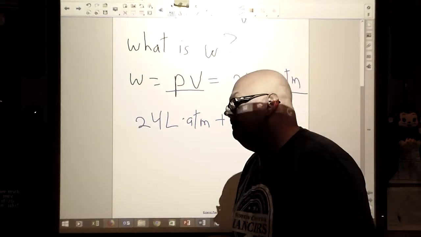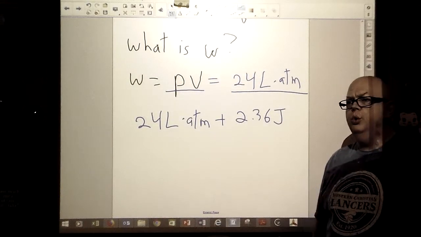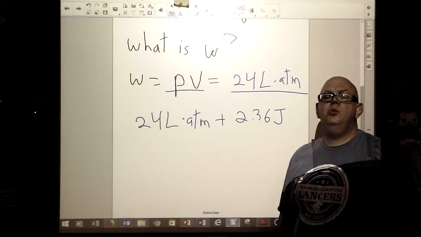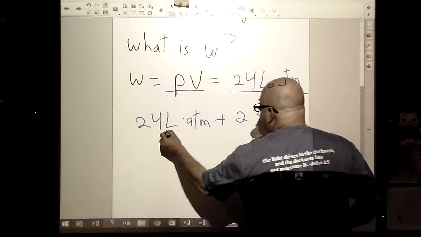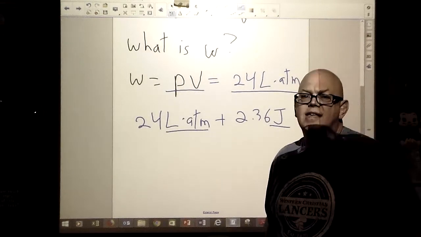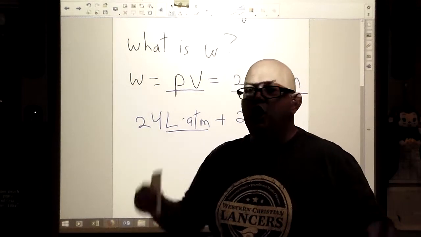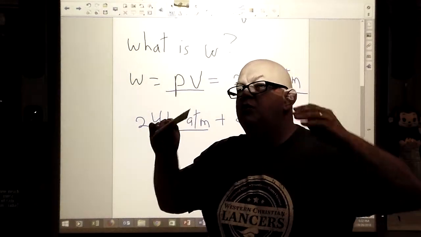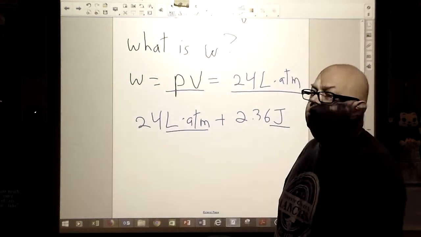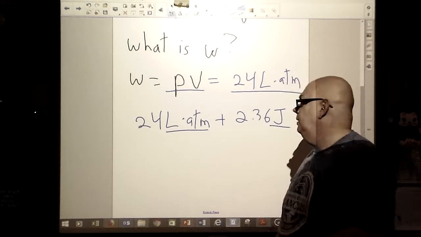Give you a moment to think. The answer is no, and the reason why is that we got liter atmosphere and here we have joules. We can't do that. That's like adding yuan to American dollars. It doesn't work that way. You have to convert one of those currencies to the other.